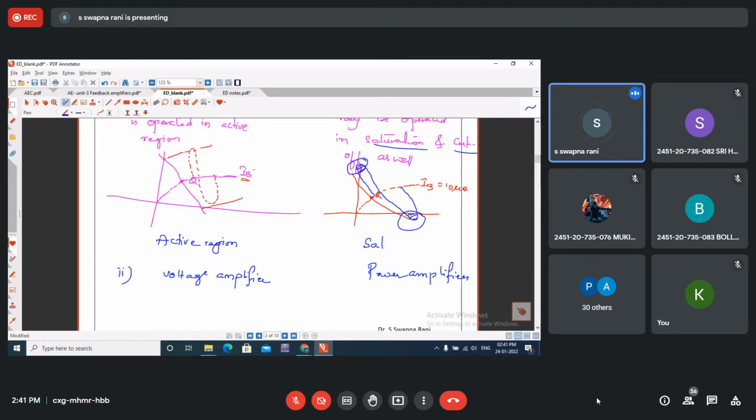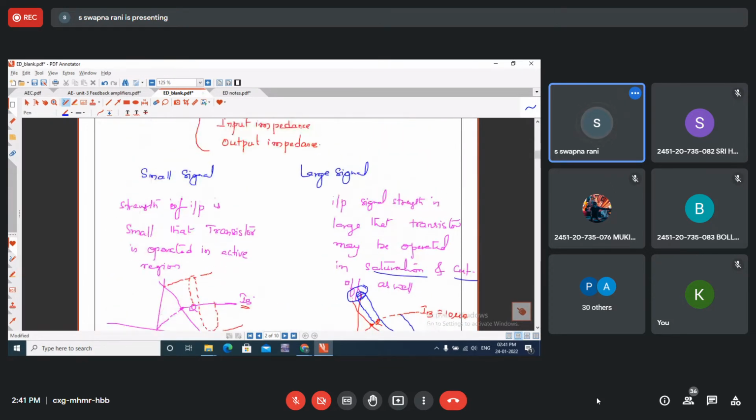These power amplifiers you will be studying in the next semester. But here we will be studying the small signal amplifiers. So this is the meaning of small signal amplifiers.